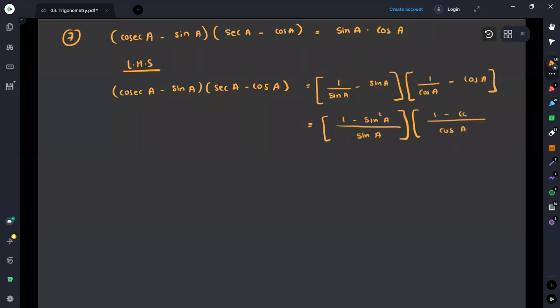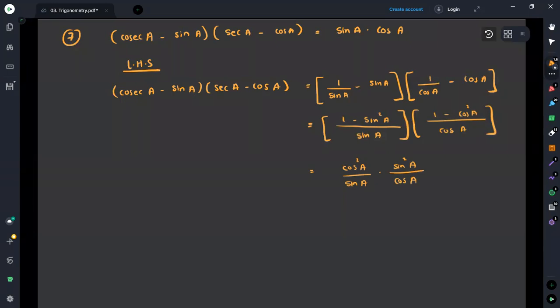It is 1 minus cosine squared A. Then 1 minus sine squared A can be written as cosine squared A, then divided by the sine A, multiplied it with 1 minus cosine squared A, it can be written as sine squared A, then divided by the cosine A.